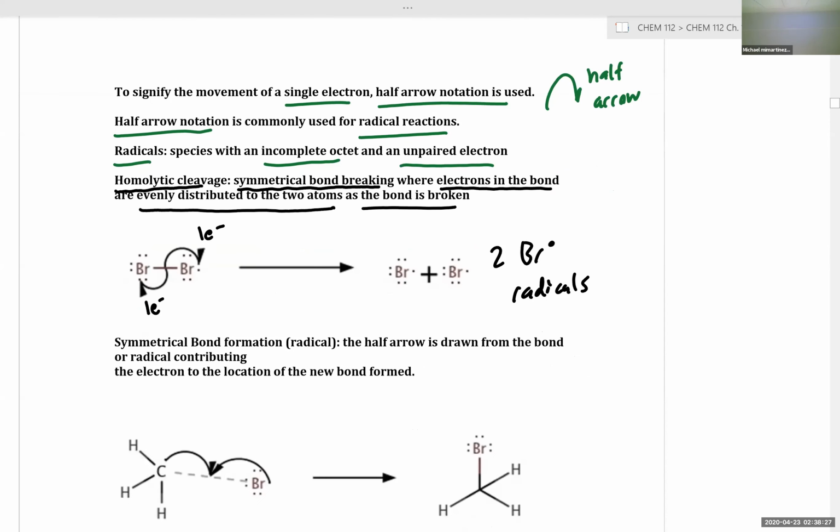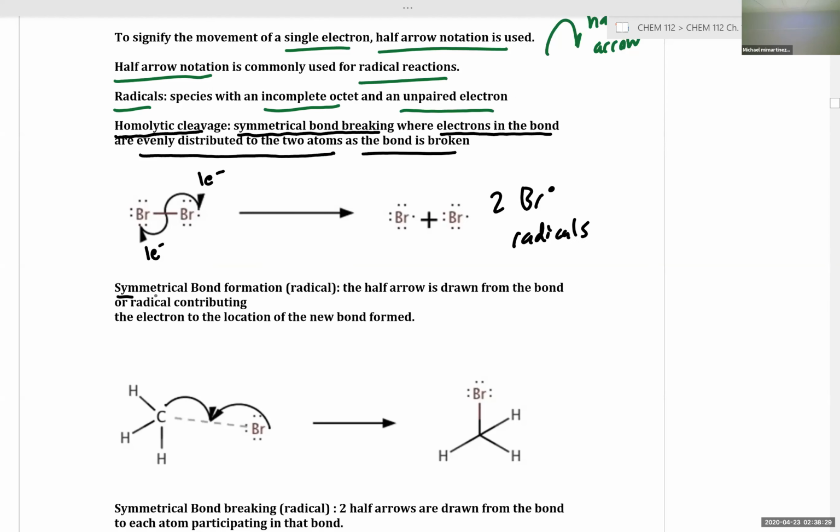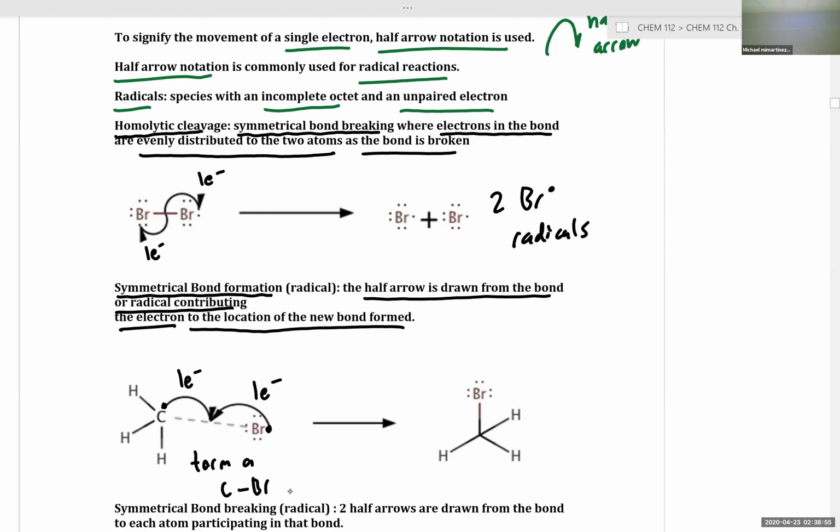Okay, so in symmetrical bond formation, the half arrow is drawn from the bond or radical contributing the electron to the location of the new bond formed. So in this case, if we have a radical from our bromine and our carbon, each atom is contributing 1 electron to form a carbon-bromine bond.